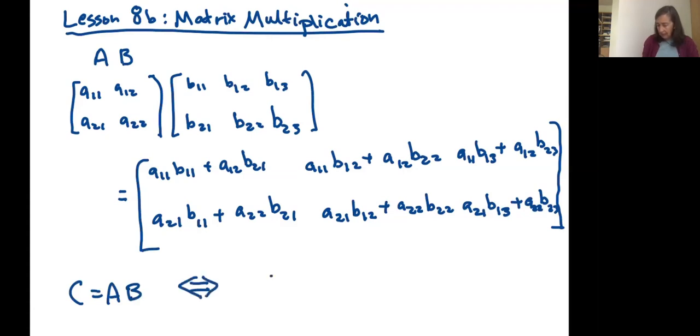That tells us that the ijth element of C is the sum, with K going from 1 to N, of A_ik times B_kj.